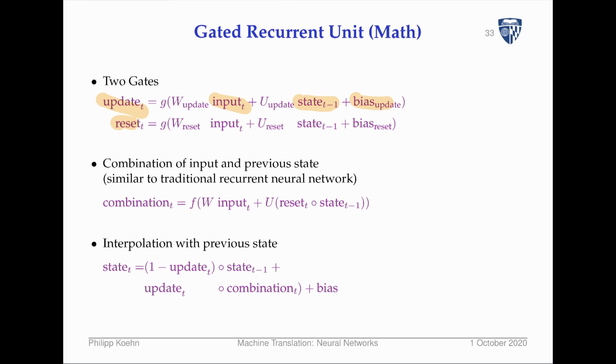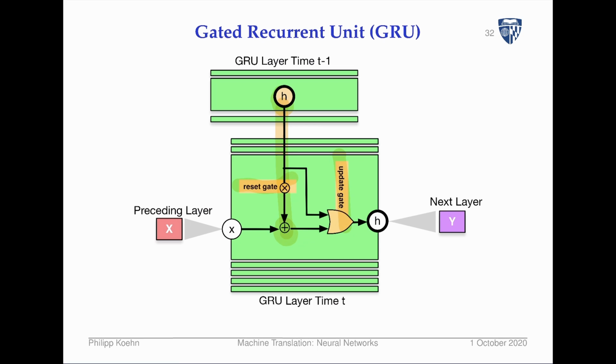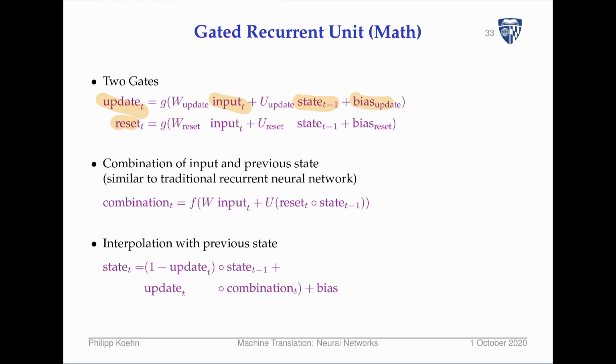So the gates are influenced by all the relevant information. Here is the intermediate processing of combining the input with the prior state, and then here's the computation of the next state.